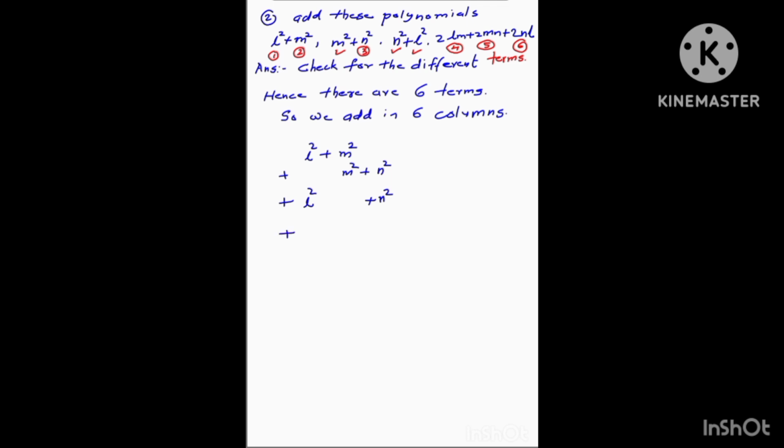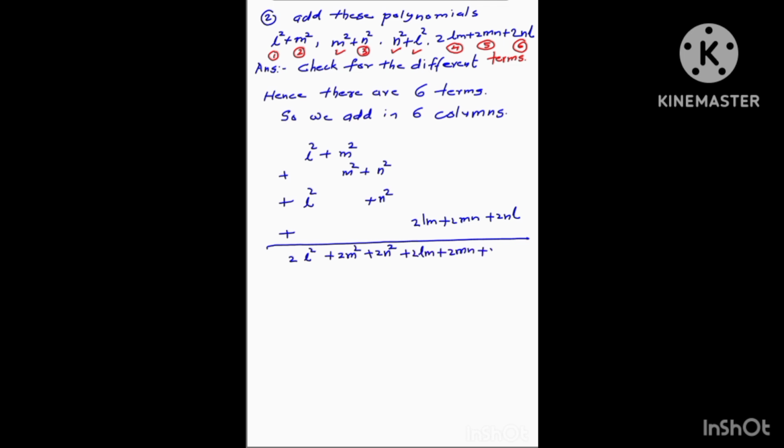Okay, and the fourth one, there is no repetition there, so 2lm plus 2mn plus 2nl. You got it? So 6 terms like this, so that it becomes very easy to add term below term, l square below l square. If there is one l, that will be a different term. Okay, so see how easy it is to add this.